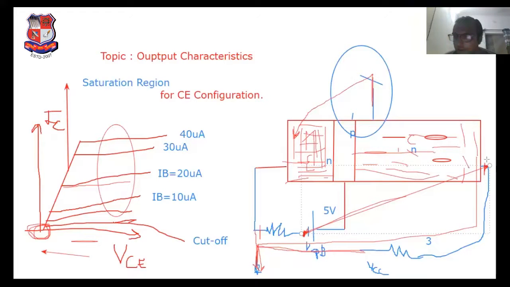So more negative electrons can flow in the circuit. More negative charge and electrons repel each other. So if VCC equal to 0, then IC equal to 0.